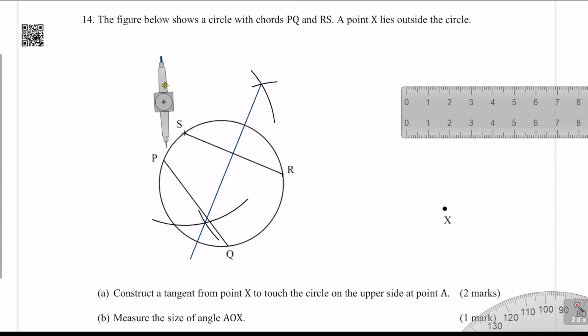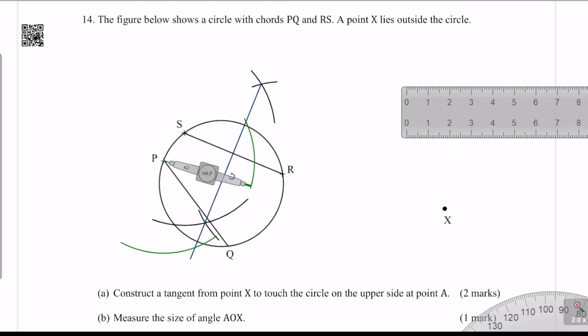So to do that, stand at P. Opening the compass more than half of that line, you mark an arc here, an arc there, and then you also mark another arc there.